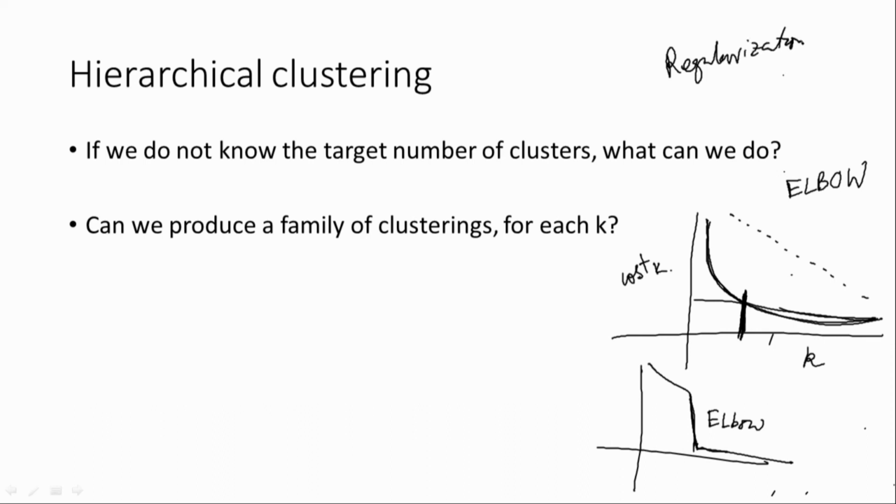You can think of it as a trade-off between how small you're driving the cost and how many clusters you are adding. If you add more clusters, that makes your model more complex, and that will reduce the cost. So there has to be a trade-off between the two, and this is done through regularization, which we will see later. We won't go into that detail at all. That is actually the right way to do this.